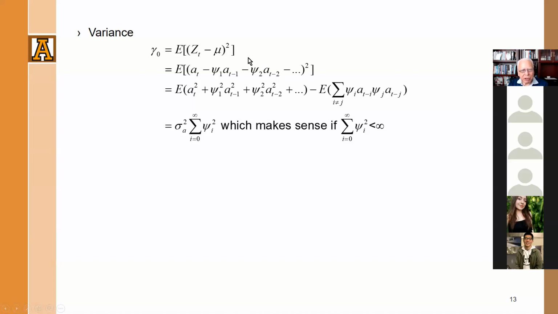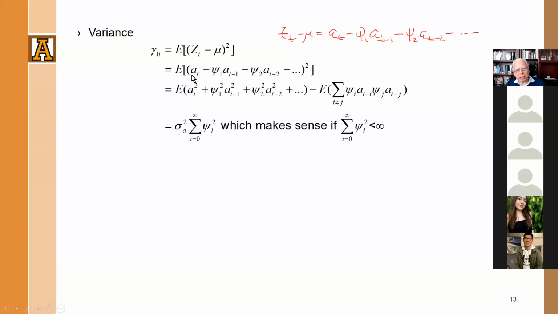Remember that Z_t minus mu, we said earlier, is equal to a_t minus psi_1 a_{t-1} minus psi_2 a_{t-2}, minus and so on. That's our starting model.